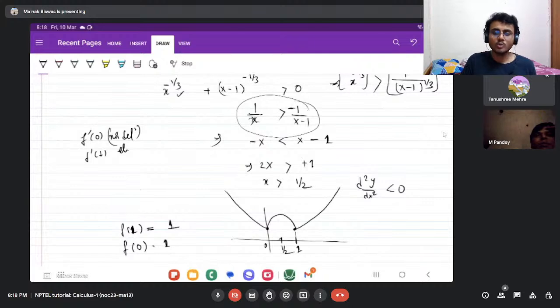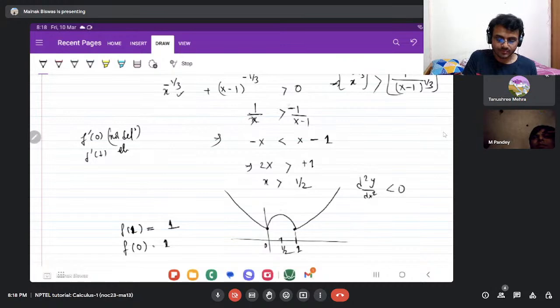Cubing would invert the sign if x is less than 1, since it is a negative value.